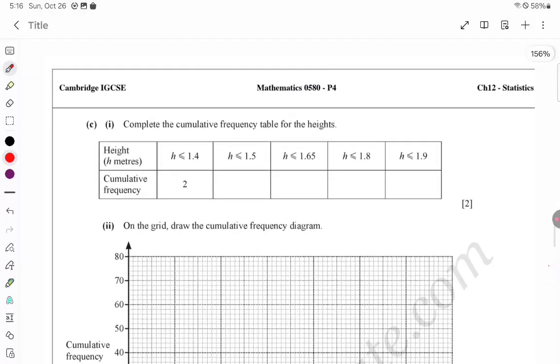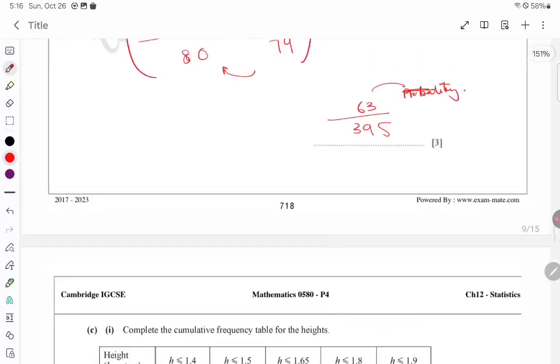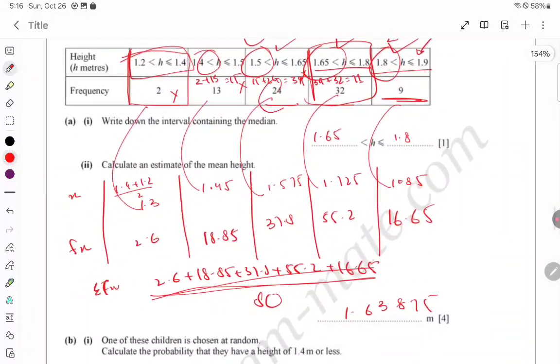Now in part C, calculate the cumulative frequency table for the height. For cumulative frequency, we have already been given 13, 2 plus 13 is 15, again 15 plus 24, which is already given, is 39.